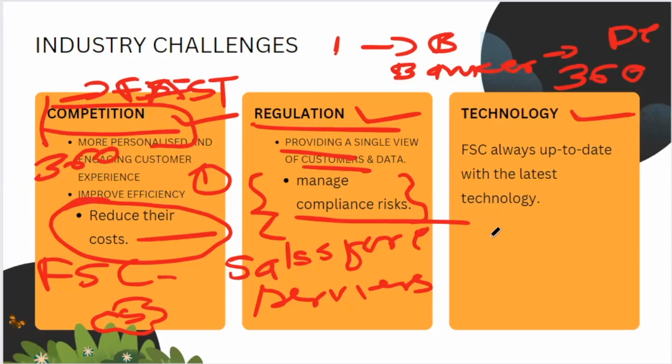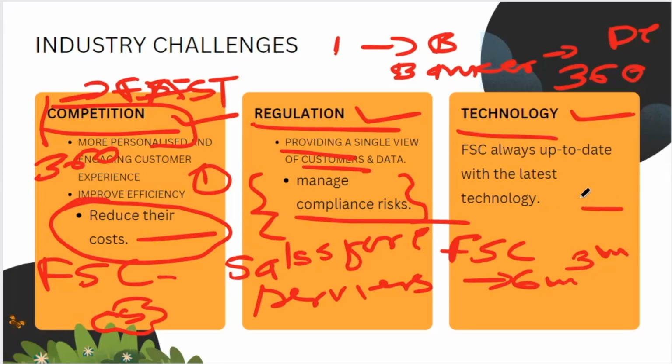Now let's talk about the technology problem. Okay, so as I told you earlier, Financial Service Cloud updates itself in 6 months or so, or each 3 months, right? So it is always updated. Let's say a bank is using a manual server. If they have any new features they want to use, they have to do the development for that.